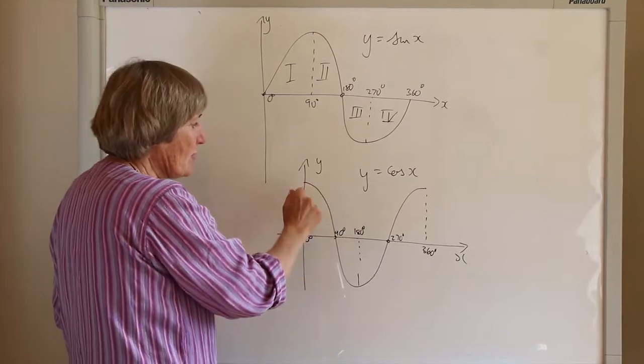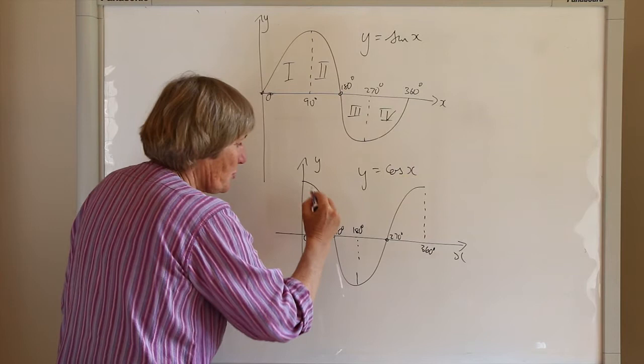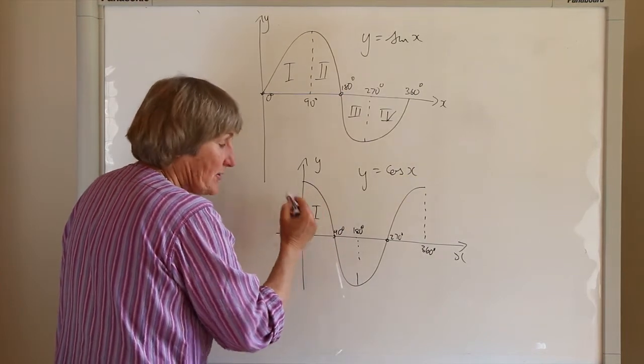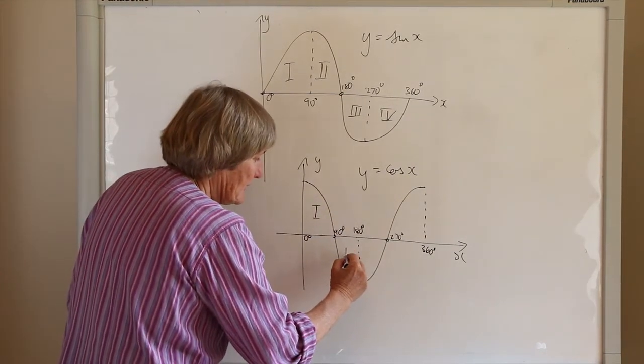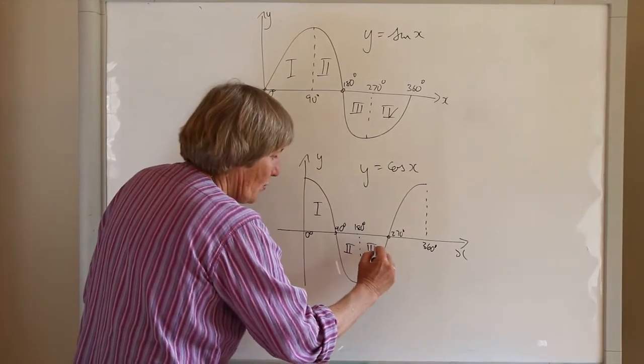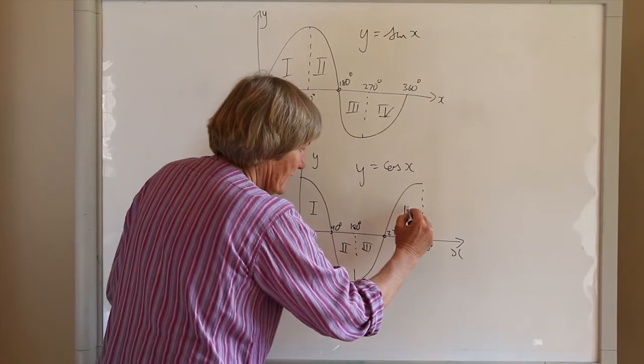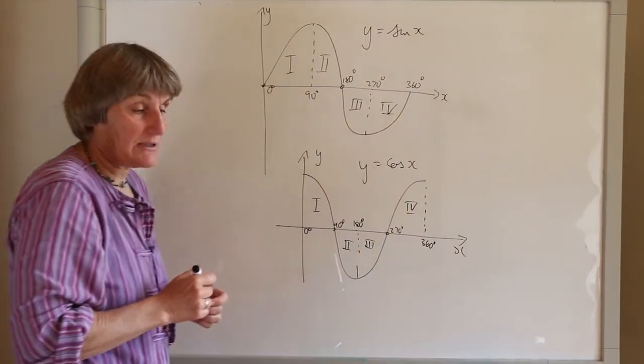Look at cos. Cos starts at 1. In the first quadrant, all the ratios are positive. In the next quadrant, when the angle goes in, the ratios are negative. This is also negative, and that one is the fourth quadrant, and it is positive.